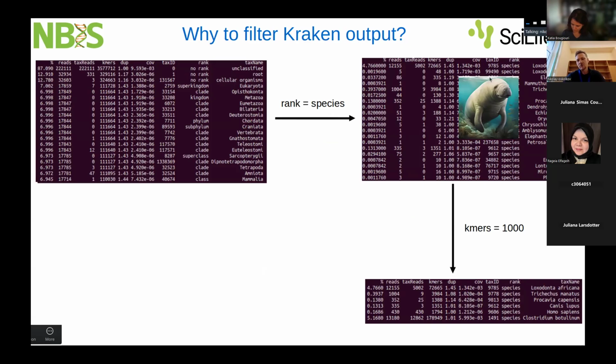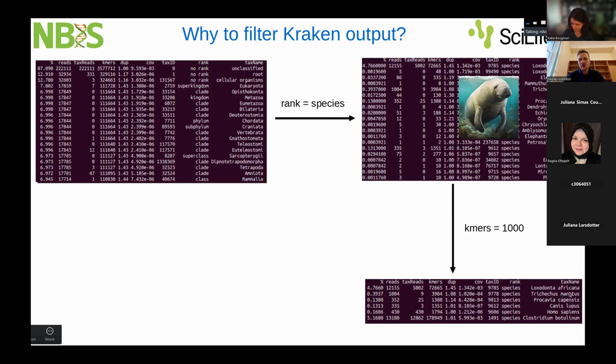But I just want you to see that by applying simple filters, like selecting only species with a large breadth of coverage, let's say, so far an arbitrary number, 1000, you get a much cleaner list of organisms. Still, you see this Canis lupus, Homo sapiens, and again this Trichechus manatus, which is a sea cow.